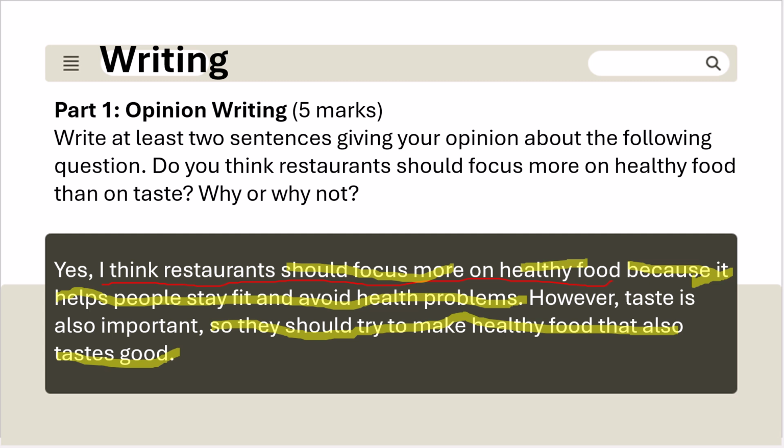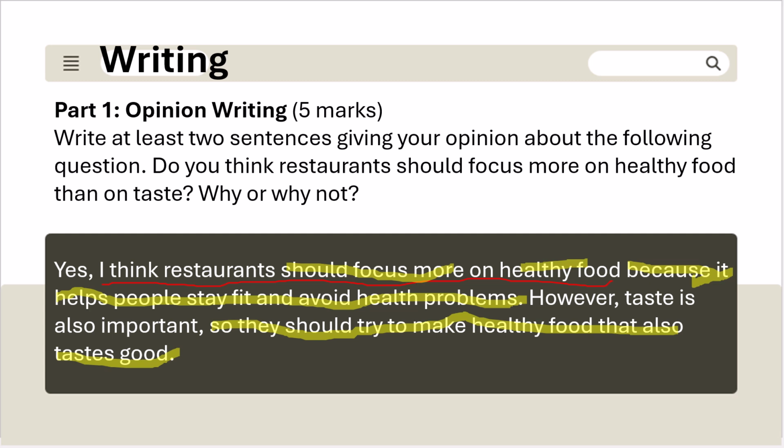So start giving your opinion. Use the topic sentence that introduces your opinion and then support your reasons. Support your point by giving reasons or examples. And it will prove that your opinion is a strong opinion.